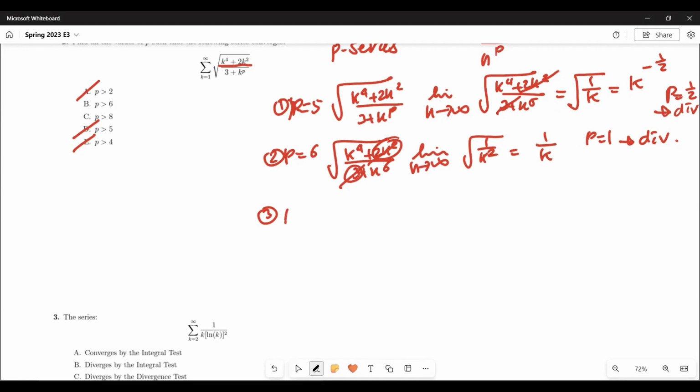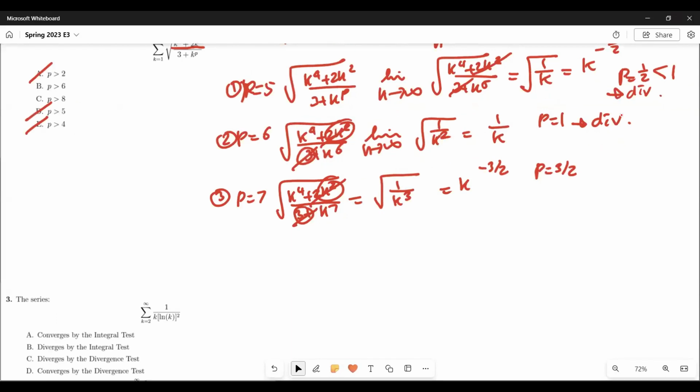So now you can check p equals 7. Let's see, (k to the 4th plus 2k squared) over (3 plus k to the 7th). 2k squared and 3 don't matter. So this is just 1 over k cubed, right? So this is k to the minus 3/2. So p is 3/2, right?